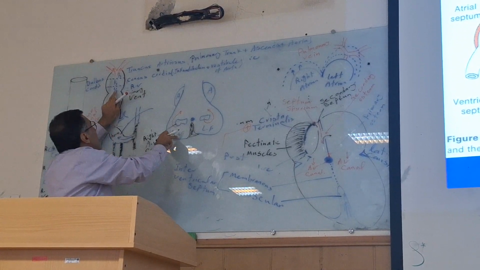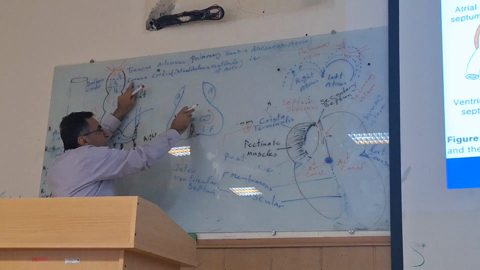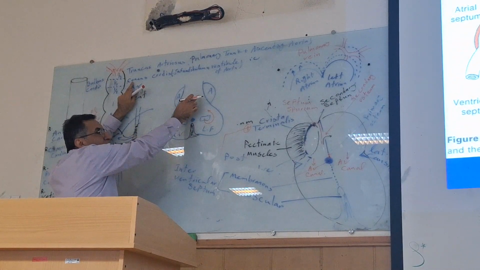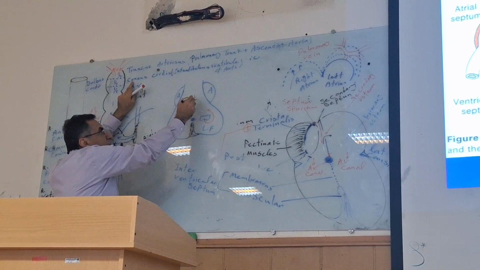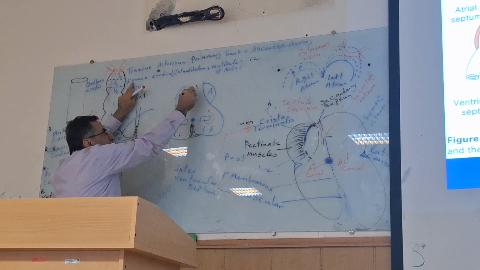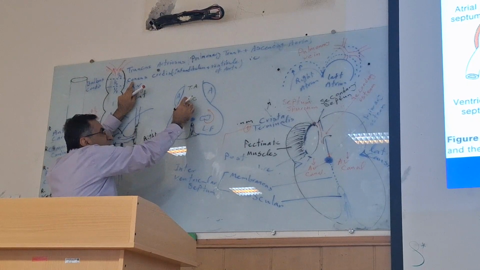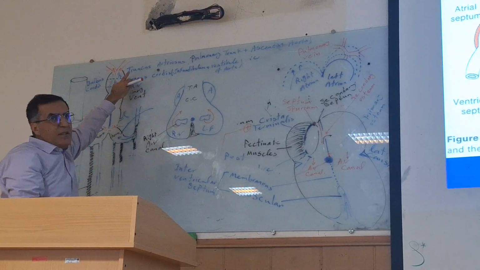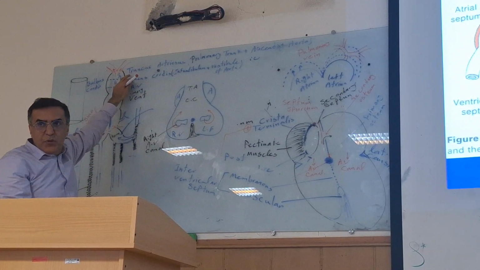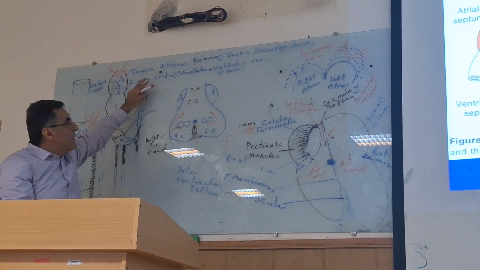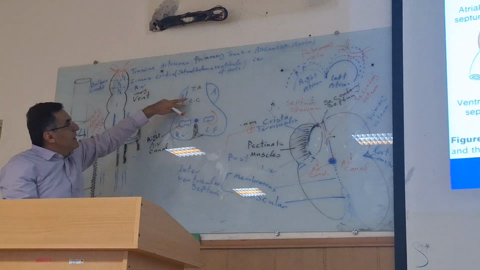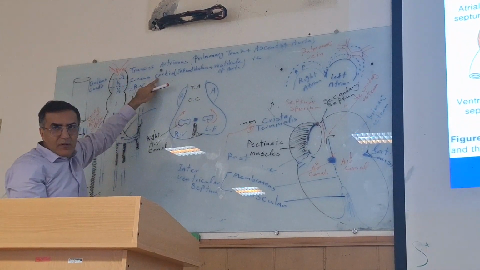The conus arteriosus made the outflow. Here is the conus cordis, and here is the truncus arteriosus. Is it clear? Please compare here the original pictures. The same names. CC means conus cordis.